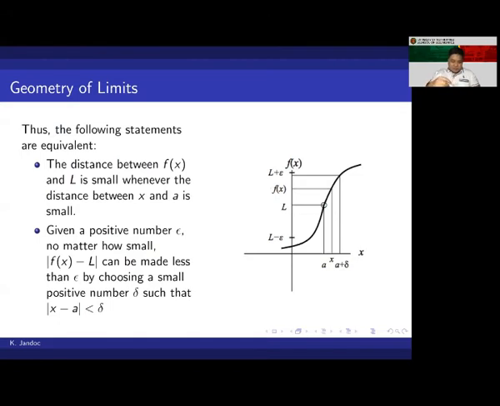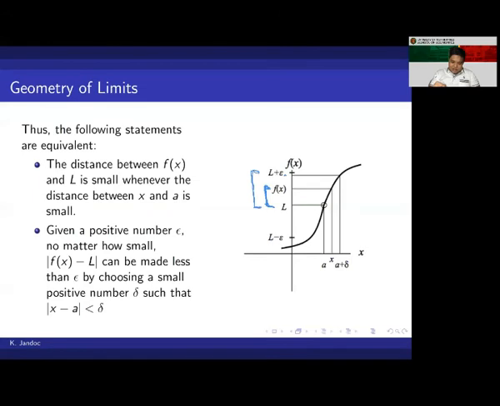Another, more technical rendering of that statement is that given a positive number epsilon, no matter how small, so this is an epsilon, this is the distance f of x minus L over here, and this is the distance epsilon.